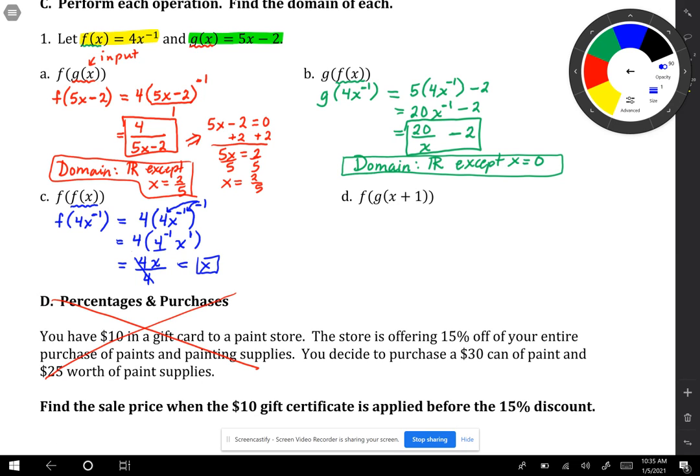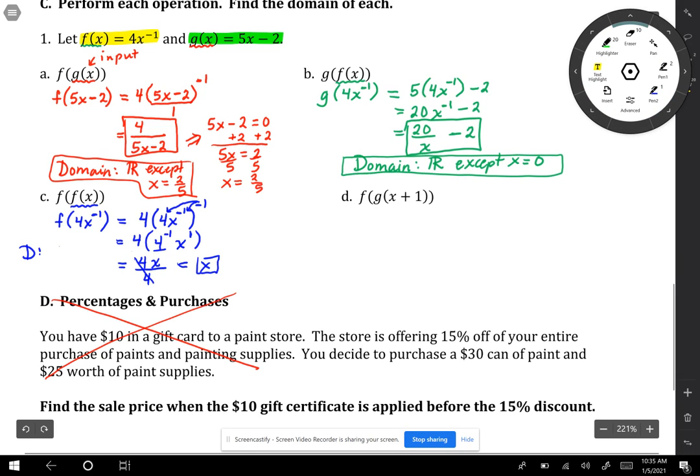Before we go on, here the domain, this one's a tough one. It's all real numbers except x equals 0. And here's why.